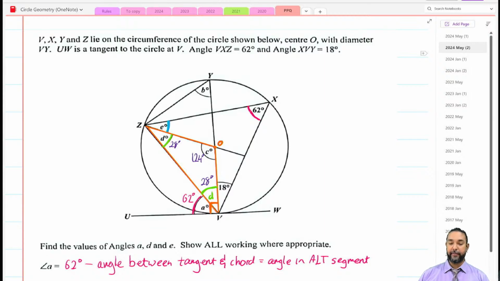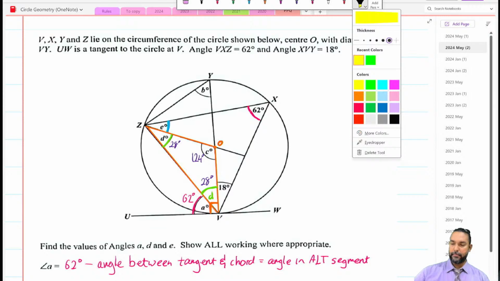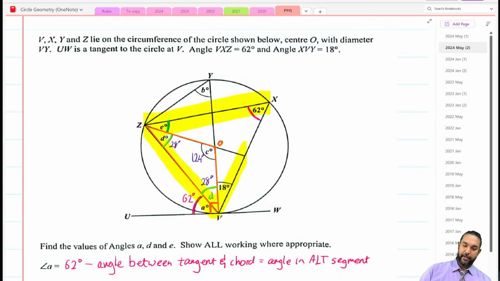Add up to 180, that's correct. Yeah, I agree. So if we consider this triangle here, the sum of the interior angles will be equal to 180.